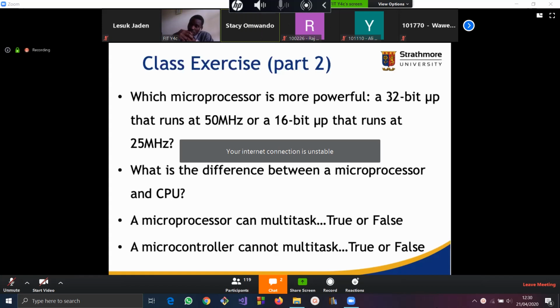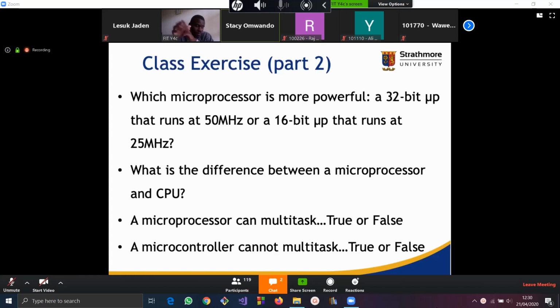I think the 32-bit microprocessor with the 50 megahertz is more powerful. This is because, first of all, it's 32-bit, meaning that it has a higher bandwidth, so even for complex instructions that are larger, it doesn't have to break them down like the 16-bit microprocessor would.